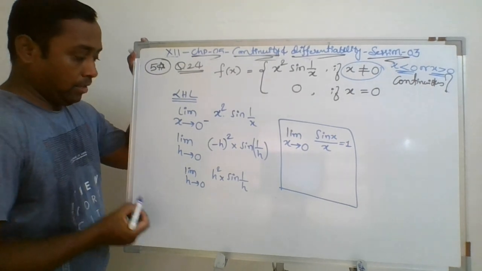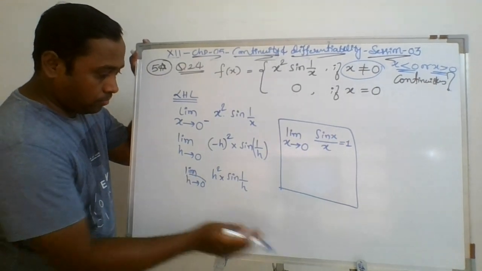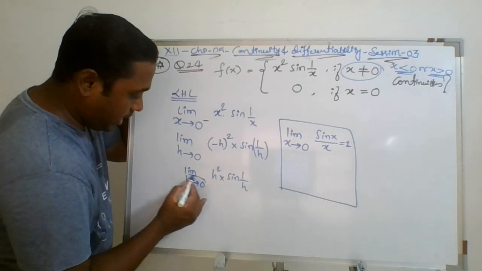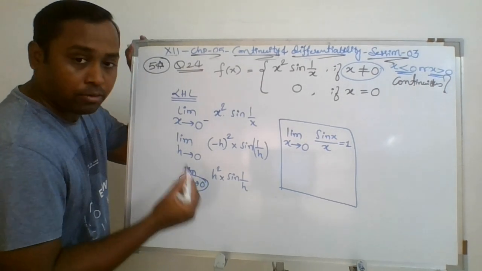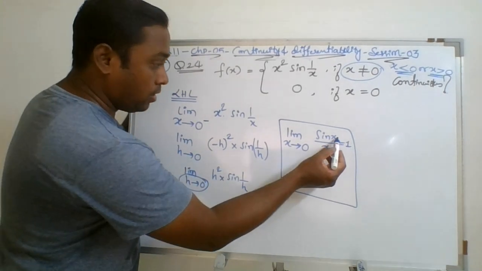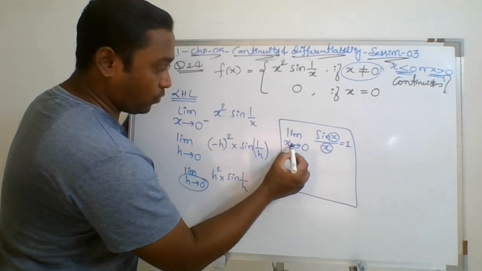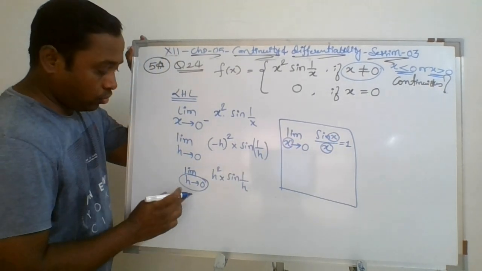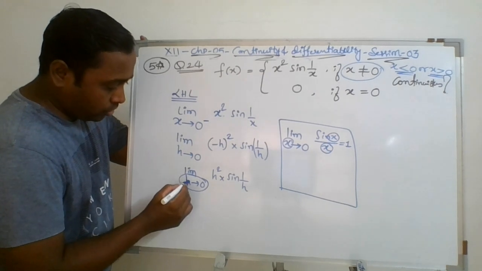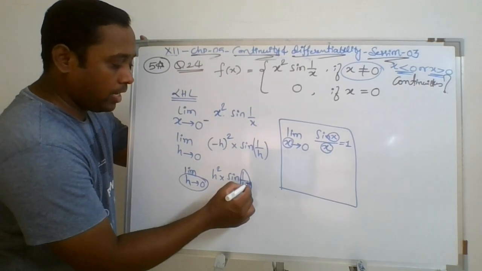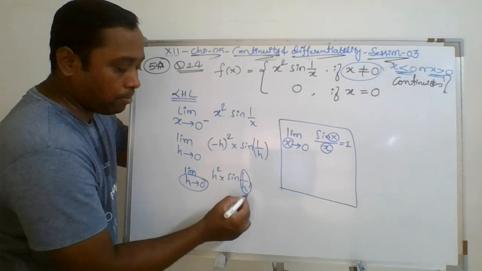This you know very well. So when h tends to 0, it must have the sin x by x form. But here h tends to 0, and in place of h what we have is 1 by h.